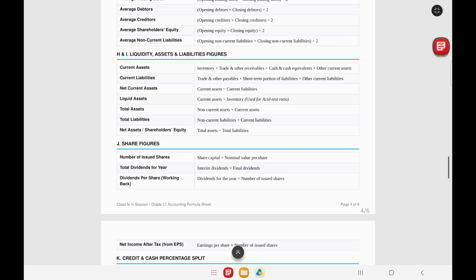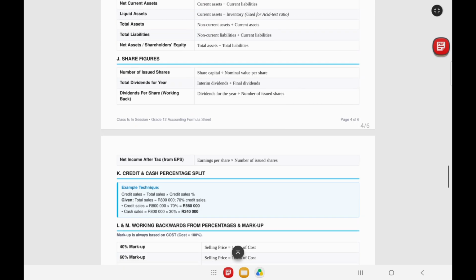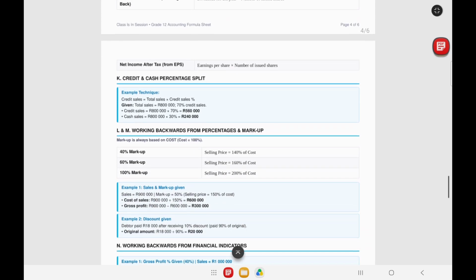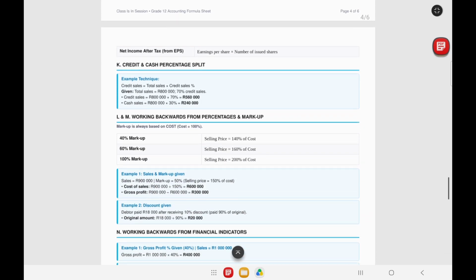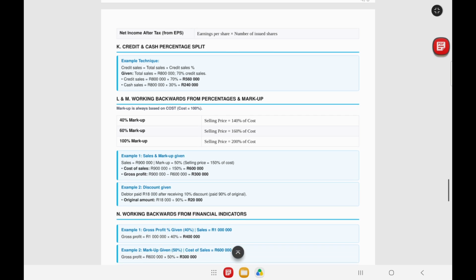And then we have liquidity, asset, and liabilities figures to find your current assets, current liabilities, net current assets, liquid assets, total liabilities, as well as net assets or shareholders' equity. We also have our shares figures, and then we have credit and cash percentage split, where I show you guys an example, and then I show you guys how to work backwards.